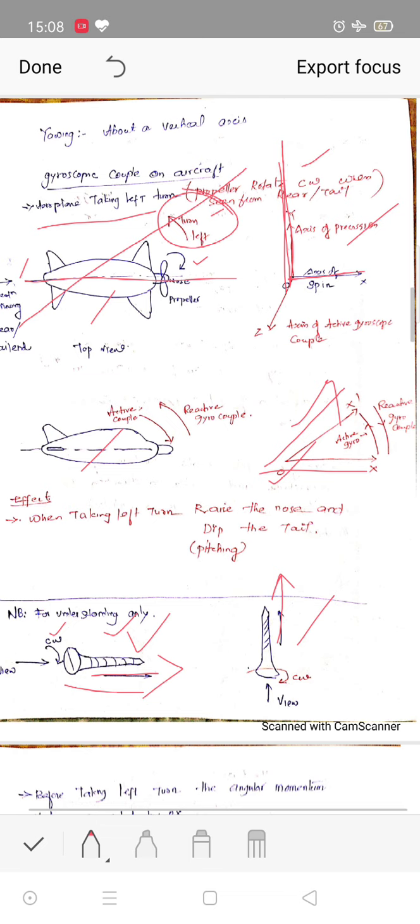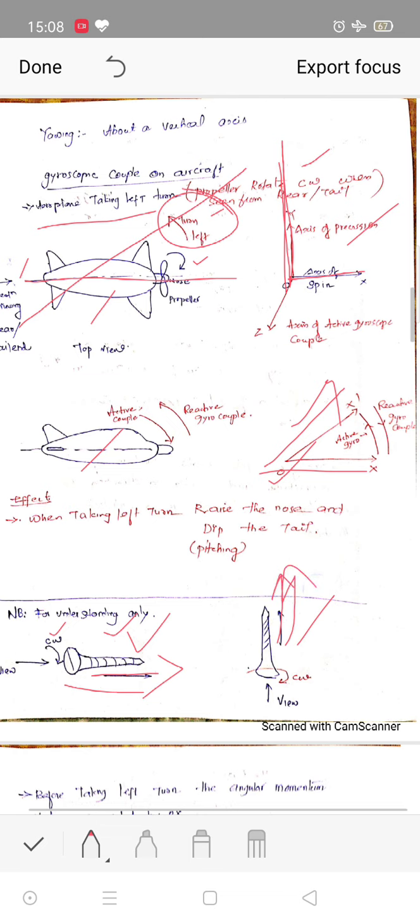So X dash is the active gyroscopic couple, and the direction is vertically upward. We are placing a screw vertically upward with the arrow mark upward, so we are giving an upward motion to the screw, right?